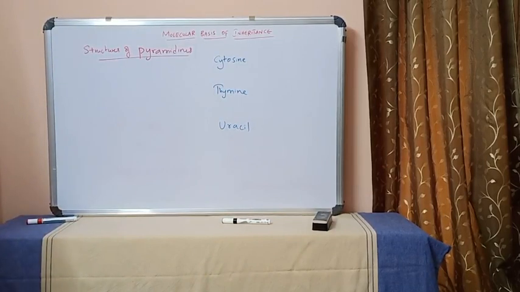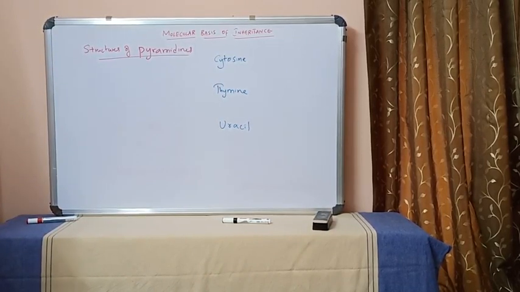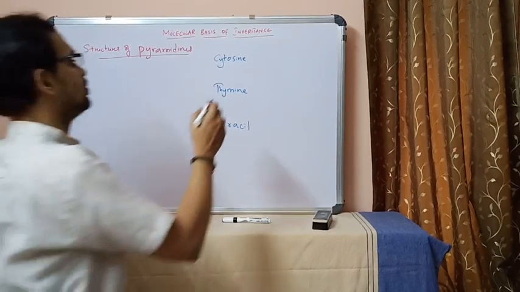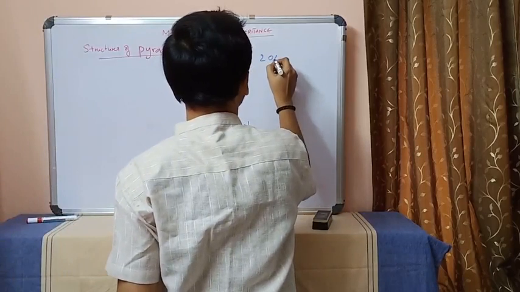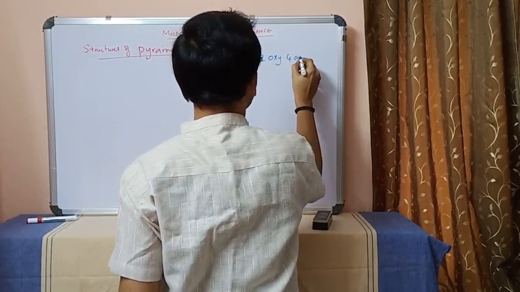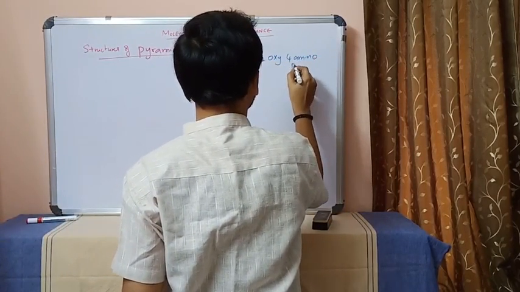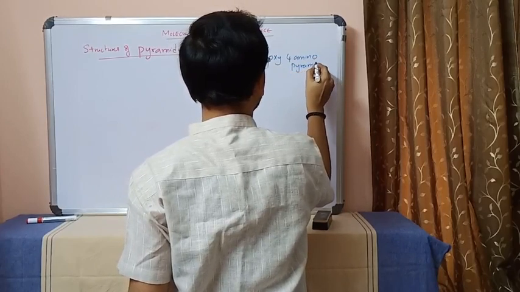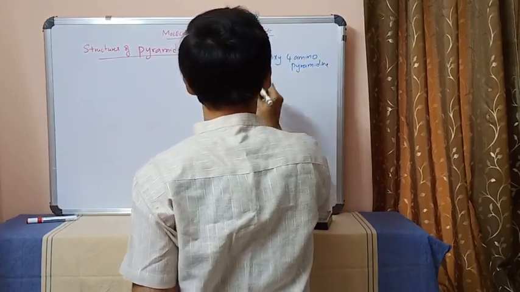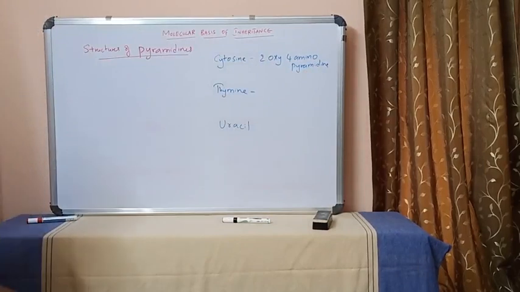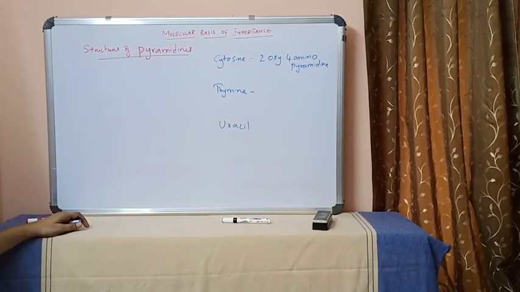So the chemical name of cytosine is 2-oxy-4-amino pyrimidine.